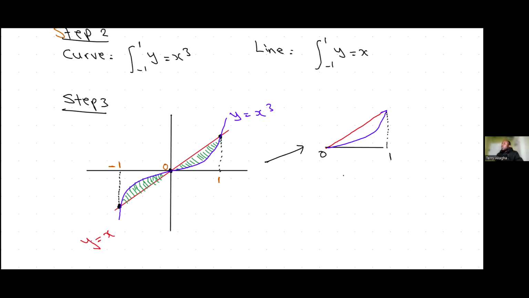Then the second one, we can see between 0 and -1. So between 0 and -1, you can also see that we have something similar. We have the line here, or the black one, okay? Then we have the red one as well.